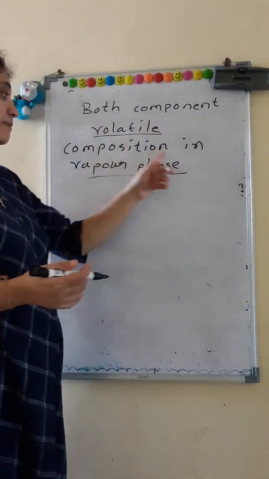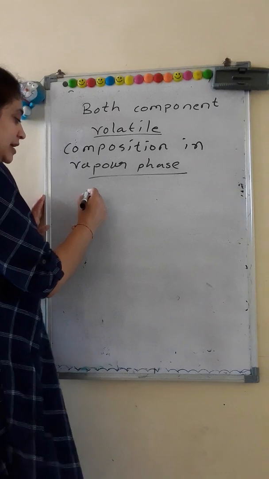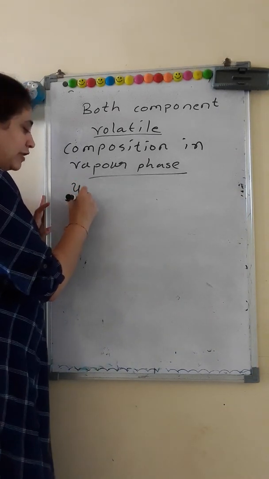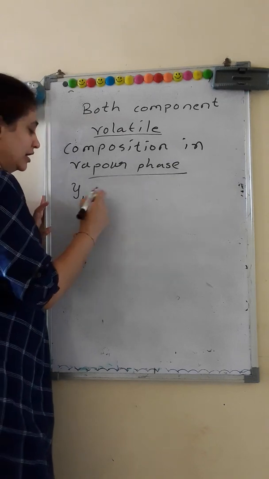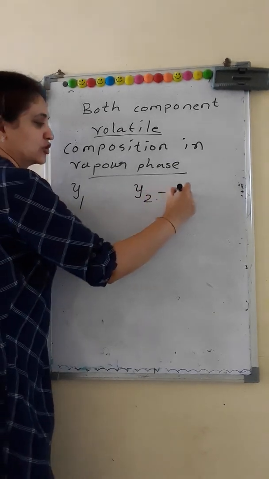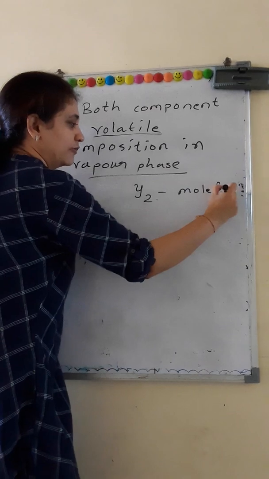So what will be their composition in vapor phase? Suppose Y1 is the mole fraction of liquid 1 in vapor phase and Y2 is the mole fraction of liquid 2.